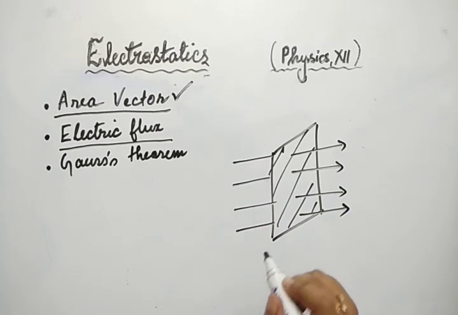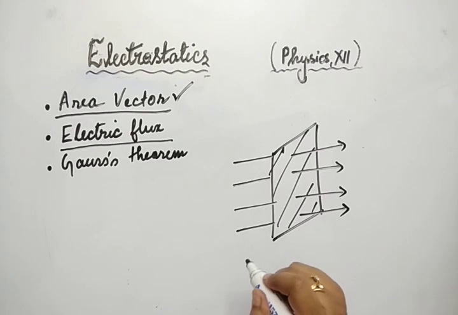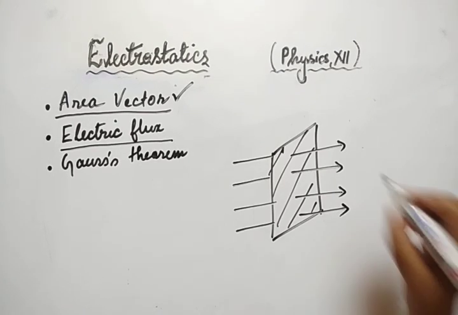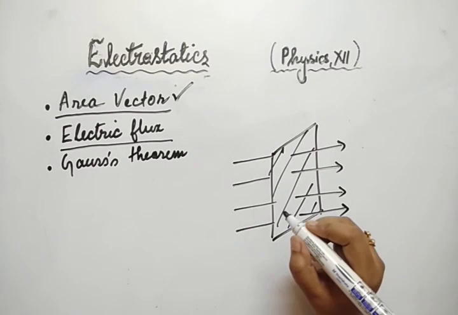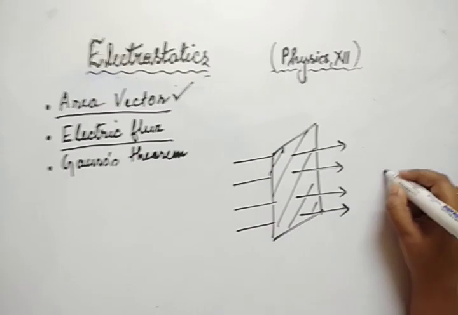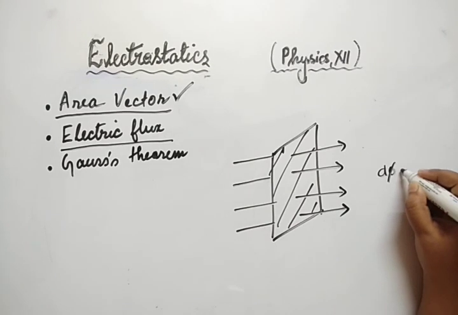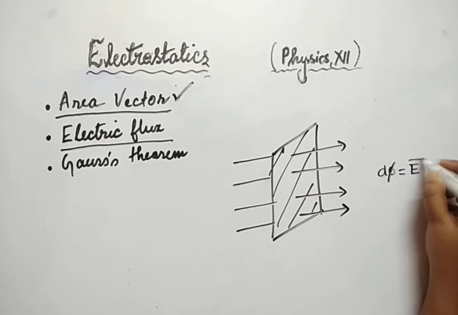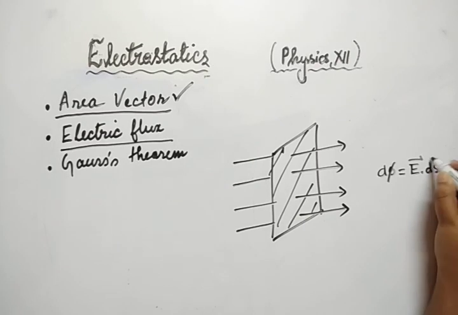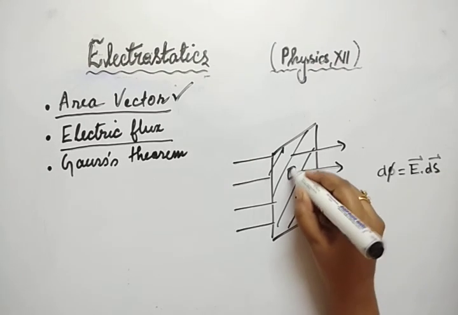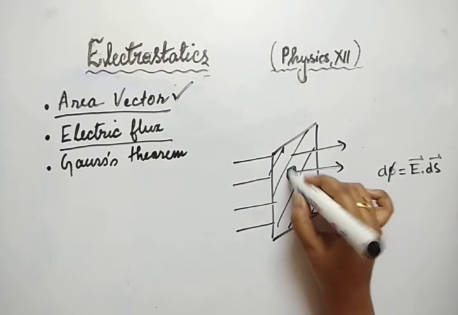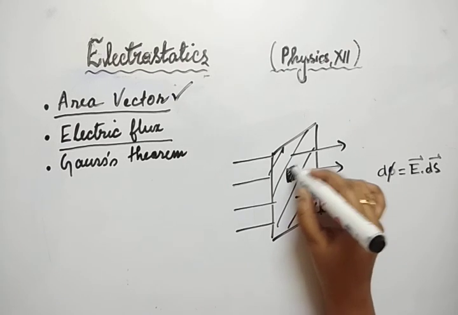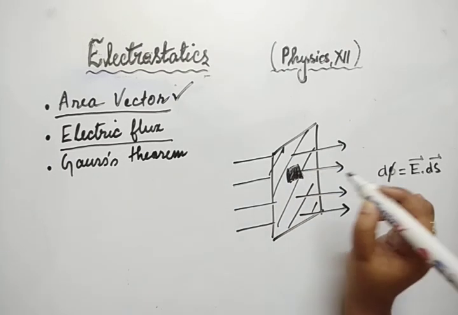Then electric flux will be given by a formula: the flux through a small area is given by the dot product E dot ds. Suppose you take a small portion ds and see how many electric lines of force are passing through this small area.